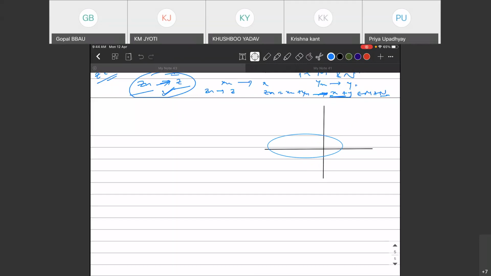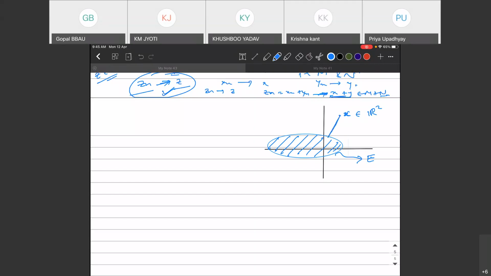Now the question is, given a point X in R2 and given this convex set, say this is E, what is the distance of E from X? So you know what it would be, and suppose this is the distance.